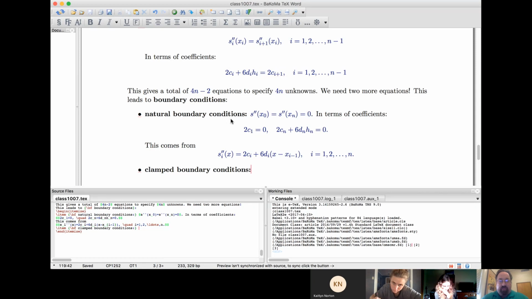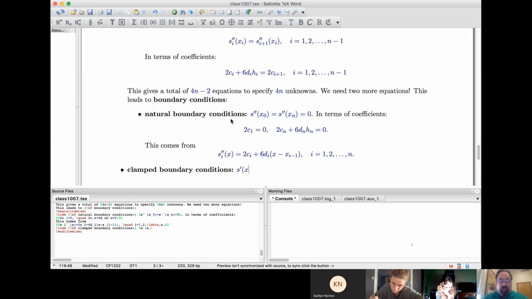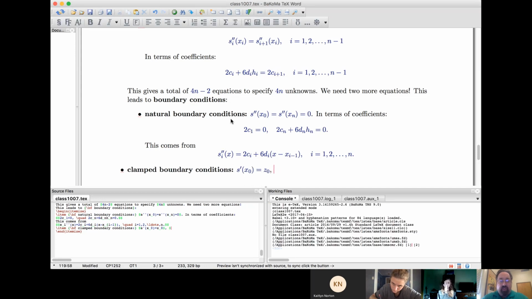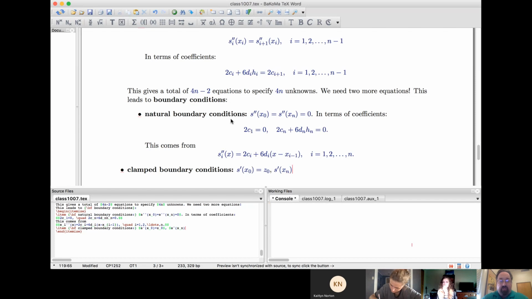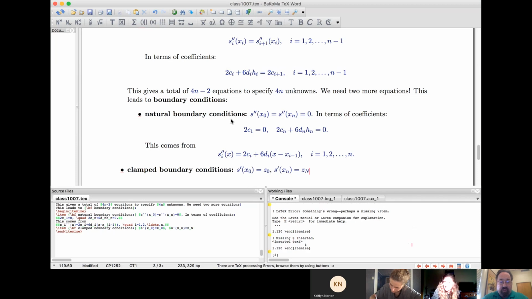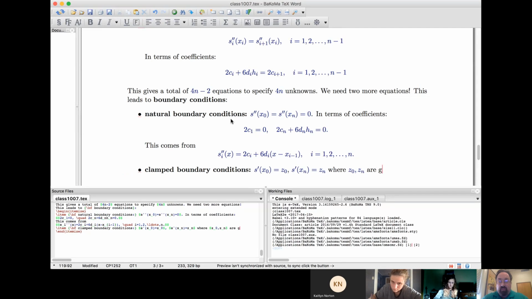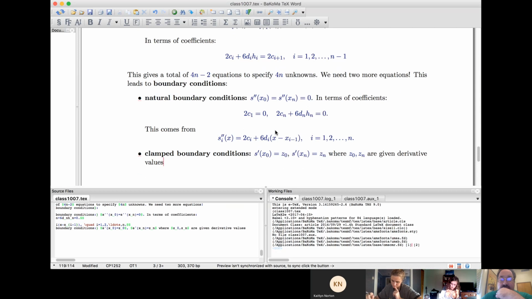So we specify the boundary that s prime of x naught is equal to z naught, and s prime at xn is equal to zn. If the derivative of a function you're trying to fit is known at these 2 points, then we specify that. So again, we want to express these in terms of the coefficients a, b, c, d.